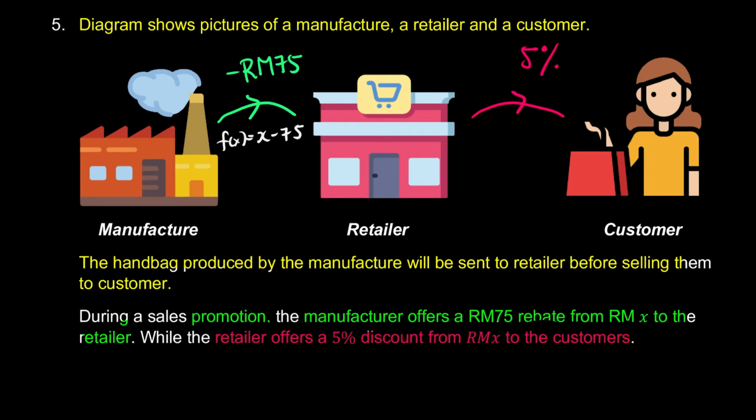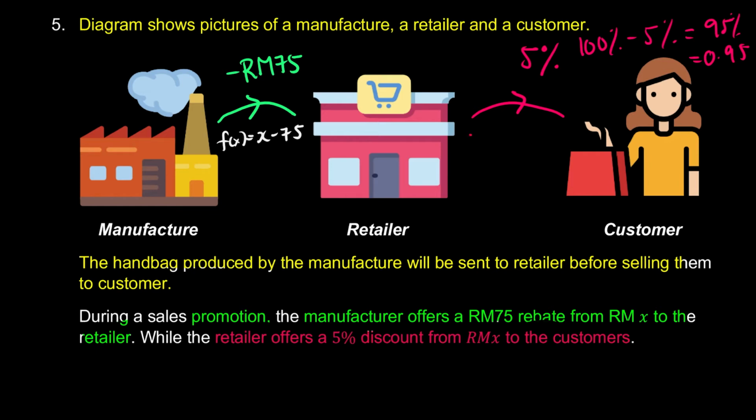Meanwhile, the end customer here is going to receive the 5% rebate. So 5% rebate means that if initially you need to pay 100%, minus 5%, you just need to pay 95%. But we know 95% in terms of decimal is just 0.95.